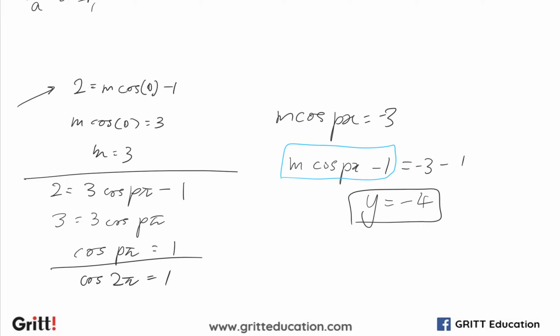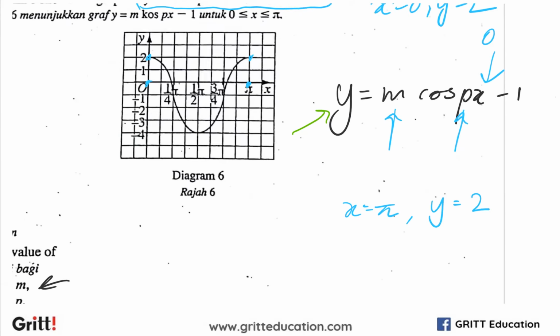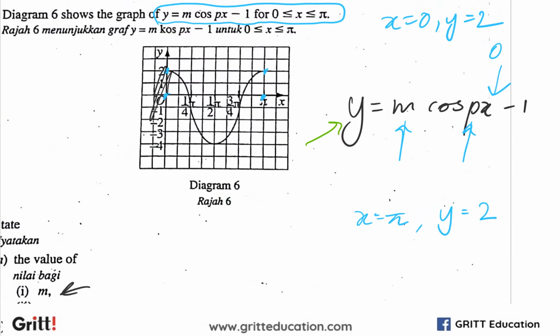How you find the number of solutions is you draw this line, because y equals negative 4 is a horizontal line, so you draw this on the graph. If I draw y equals negative 4 like this, what do you see?